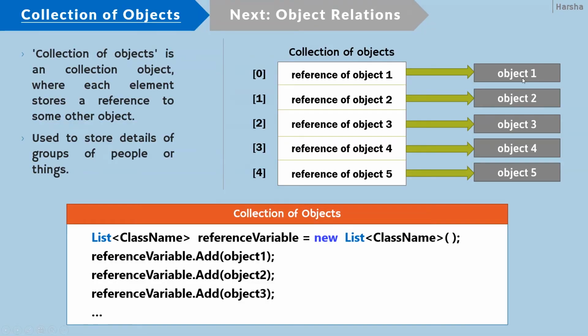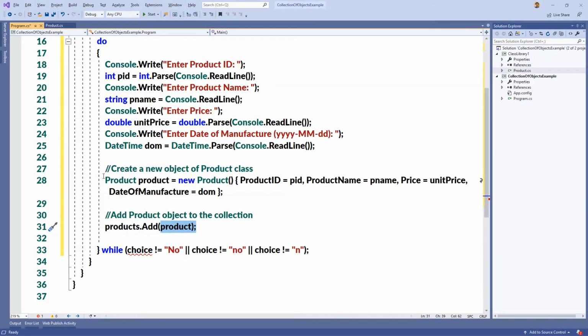Here the product object is stored outside the collection, but only its reference has been stored in the collection. So this element number 0 acts as a reference variable to access the particular object of product class. And if the same process is repeated through the do-while loop, obviously it will create a new object every time and add the same to the same collection. In this way, multiple objects get added to the same collection.